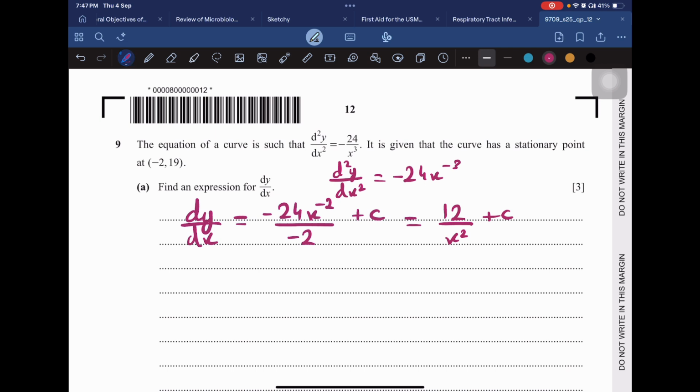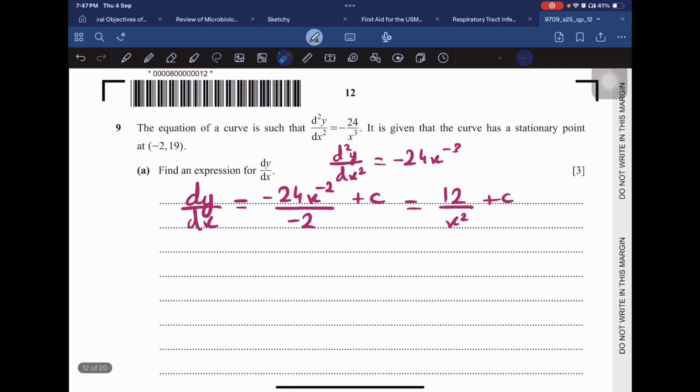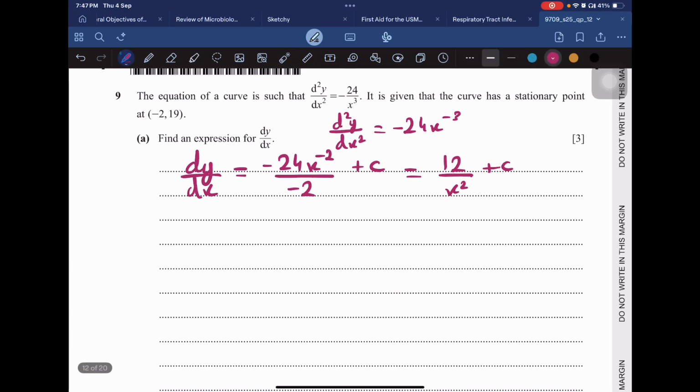Okay. They've said that the curve has a stationary point at negative 2 comma 19. That means that at x equals negative 2, dy over dx will be equal to 0. So I'll equate dy over dx with 0, and in place of x, I'll keep negative 2. So 12 upon negative 2 squared plus c.